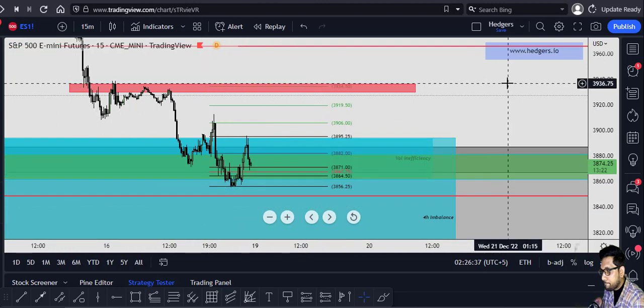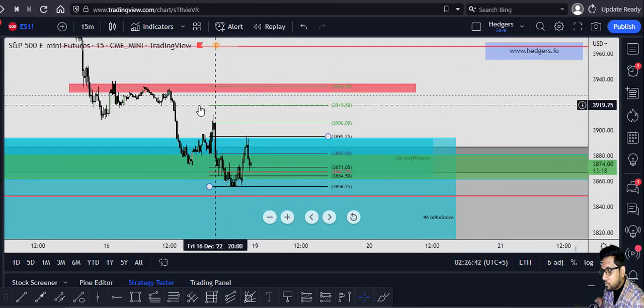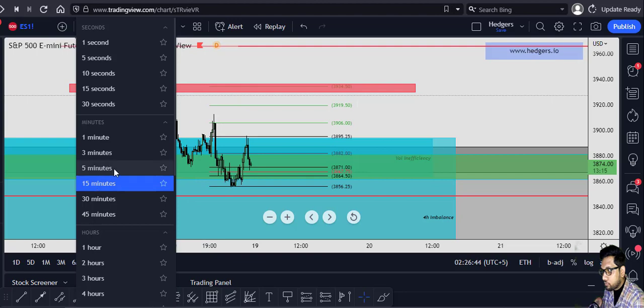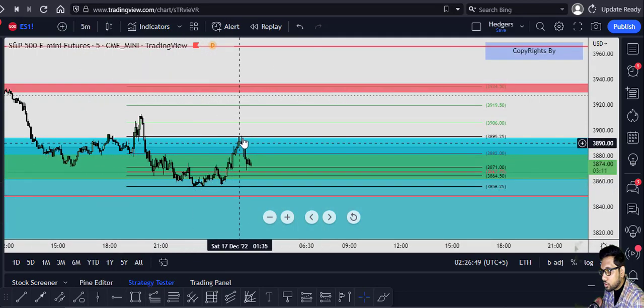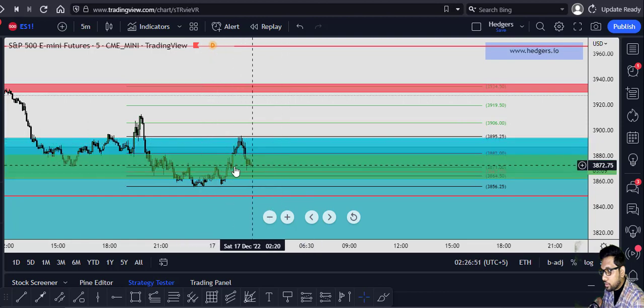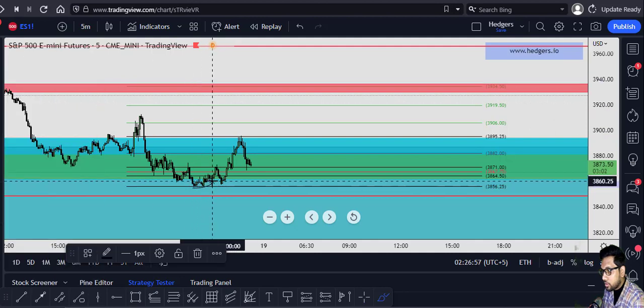On the 5 minute time frame, the structure is already shifting, so it's a nice sign here.